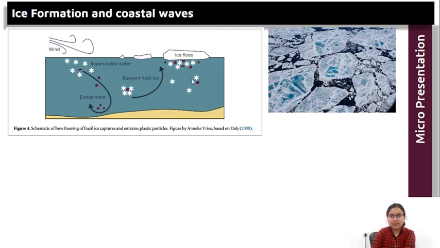So the marine water in this portion gets more dense and comes to the lower portion of the ocean, which we know in simple language as the thermohaline circulation. So this ice formation and the coastal waves can help in accumulating and transporting the different plastic particles.